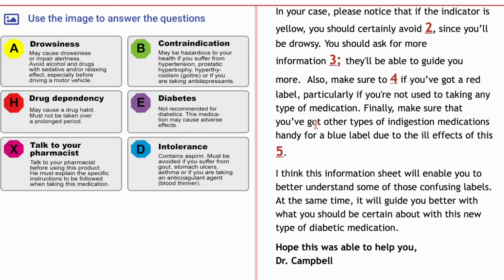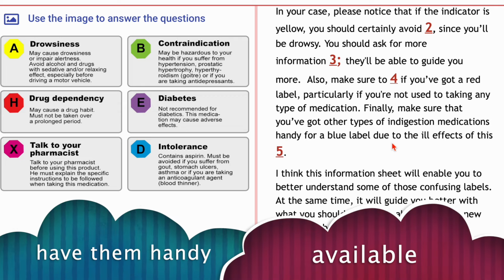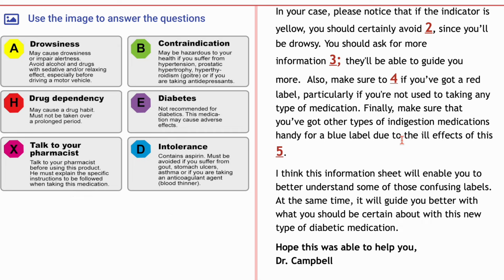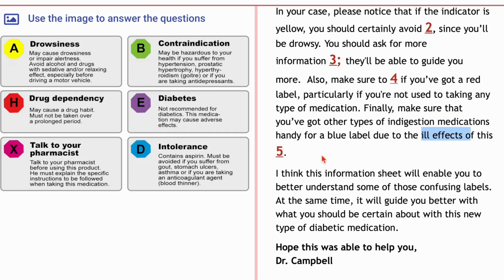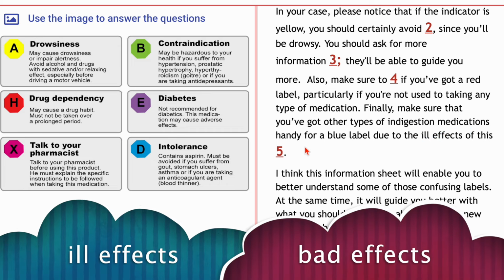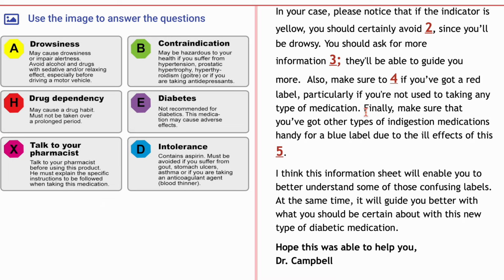Finally, make sure that you've got other types of indigestion medications handy. Make sure they're handy, available for a blue label due to, because of the ill effects or negative effects of this 5. So it says here that you've got some other type of indigestion medication available, because if you have a blue label, let's read about the blue label.